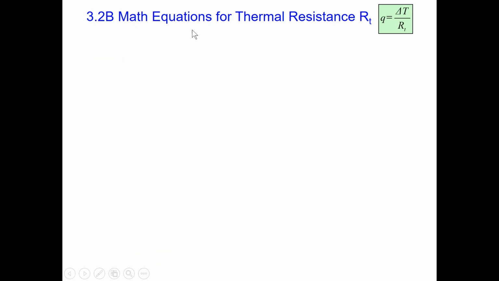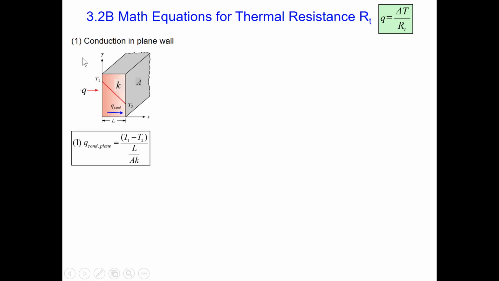B. Math equations for thermal resistance RT. For conduction in a plane wall, equation 1 represents the heat rate.